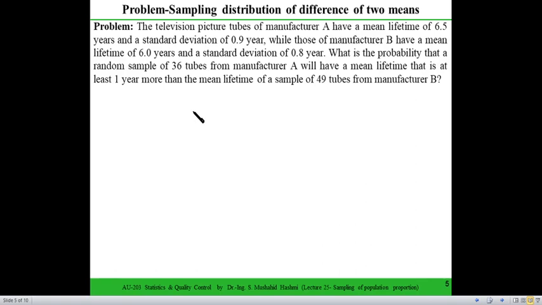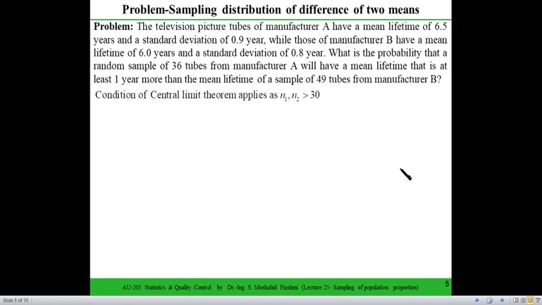If you keep in mind the sample sizes here, as both are greater than 30, you can apply the central limit theorem. So whatever the original distribution is, one can use the standard normal distribution, or a z value, to calculate the probability that the difference of the means is at least 1, or greater than 1.